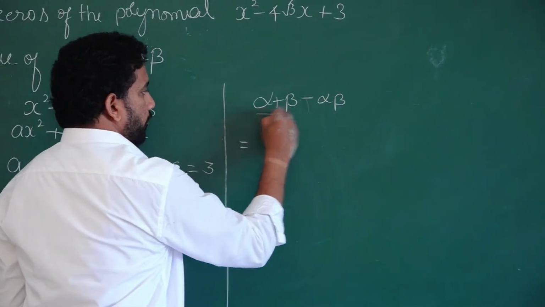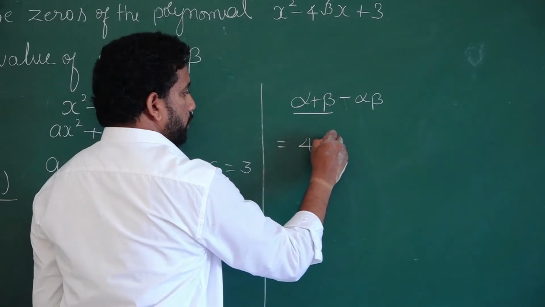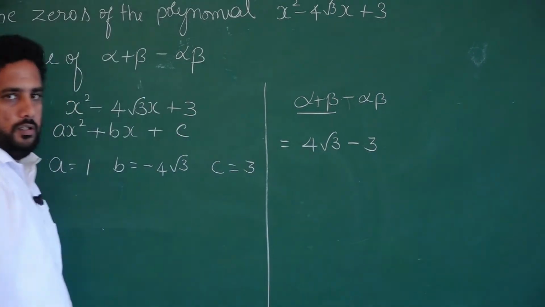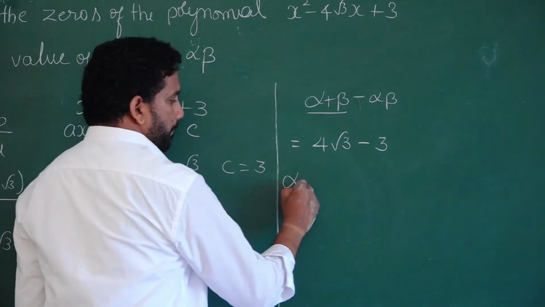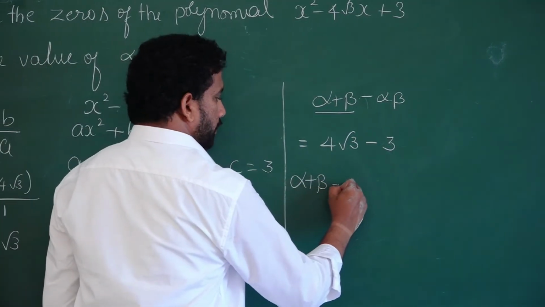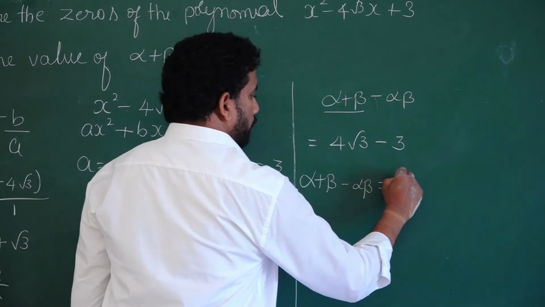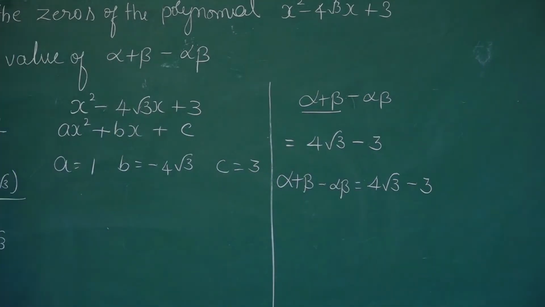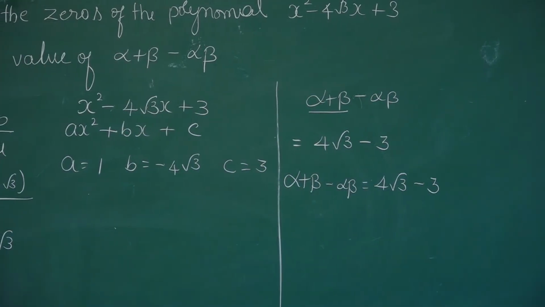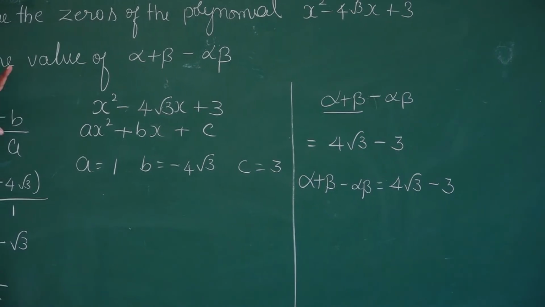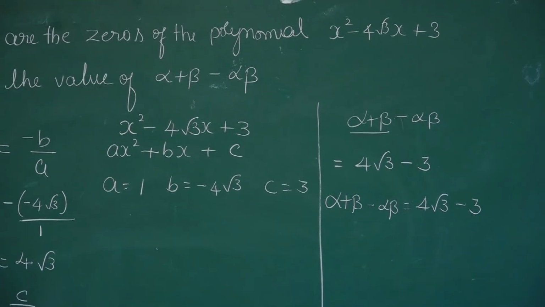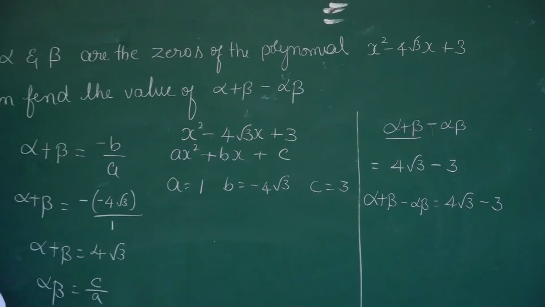So that is equal to alpha plus beta, we have 4 root 3, and alpha beta is minus 3. So then the value of alpha plus beta minus alpha beta is equal to 4 root 3 minus 3. Okay, so like that we can find out the value of alpha plus beta minus alpha beta, using the sum of the roots and product of the roots.